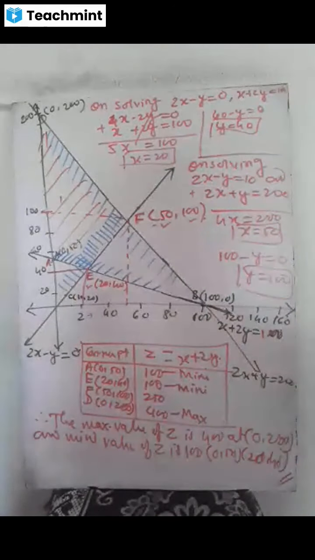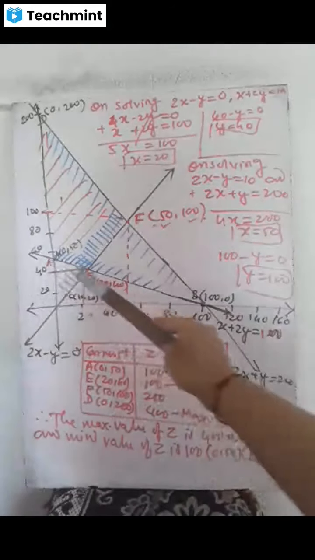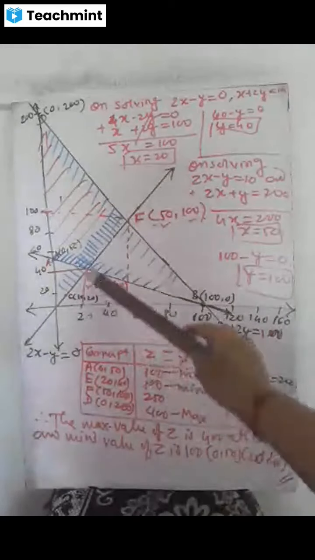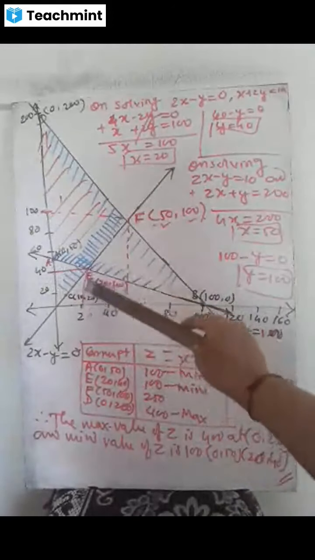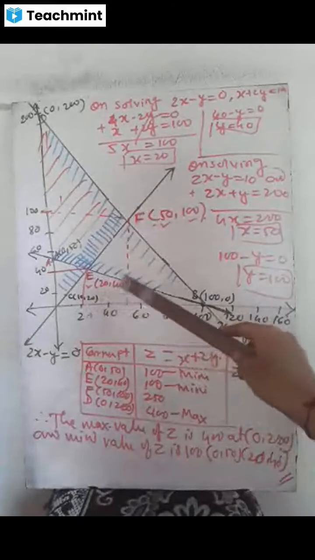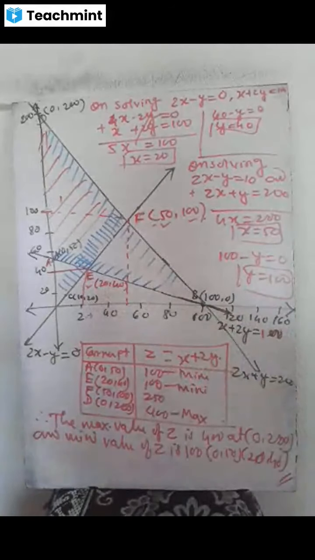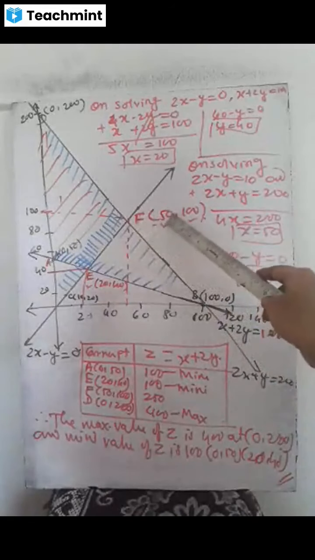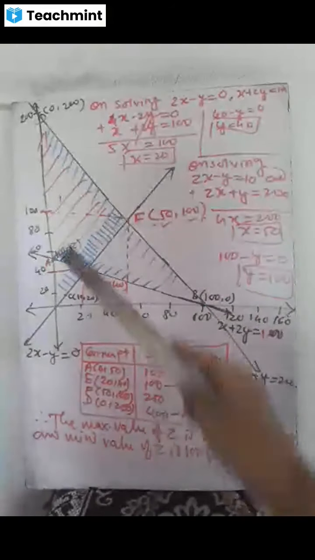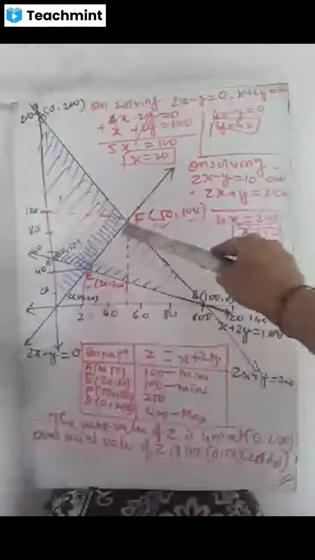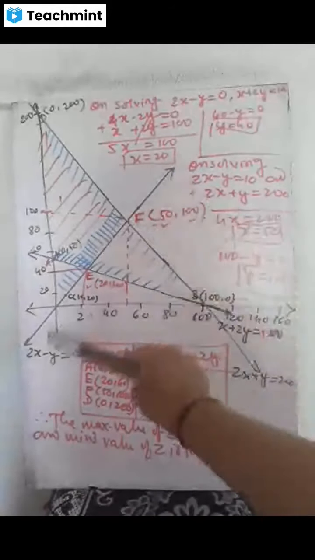So now we will decide the corner points. A, E, F and D, these are the four corner points. If you draw the proper graph and draw perpendiculars, this corner point has 20, 40 from the graph, and this point F will have 50 and 100 from the graph. Now this point is the intersection of this line and this line.